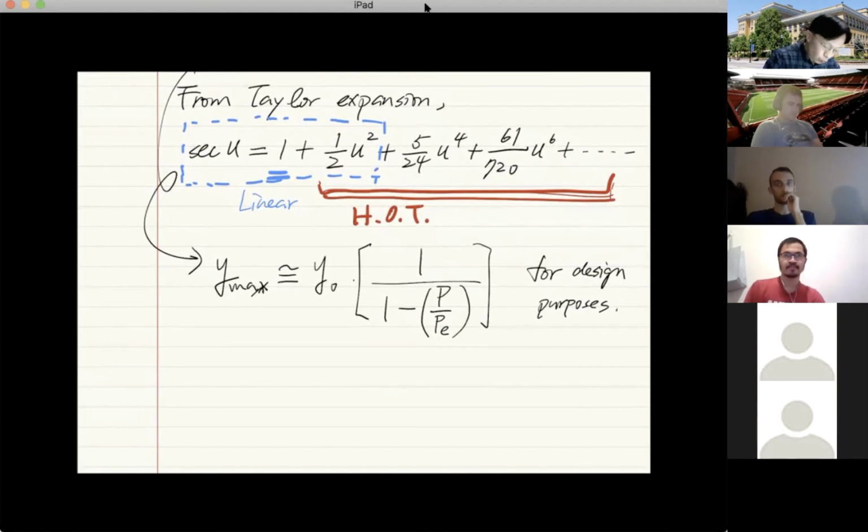In other words, Y naught is just a constant. You can take it from the textbook. And when you want to calculate the maximum deflection with the buckling, all you have to do is to find out what is the current load that you have in this P, and you plug in this expression, and you can calculate the amplified maximum deflection.